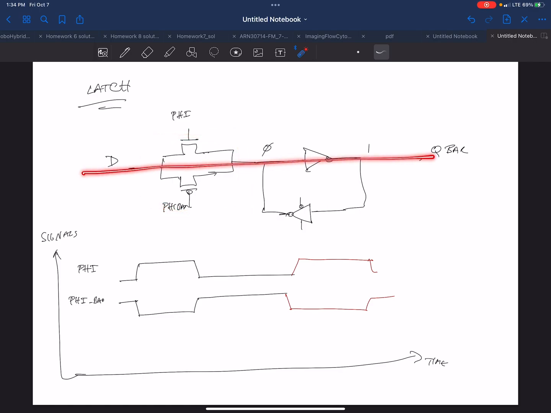So D goes to Q bar, it gets inverted and goes to Q bar. Okay, so that's when the latch is transparent. I'd like this off. So I'll give this guy phi and phi bar to this end.